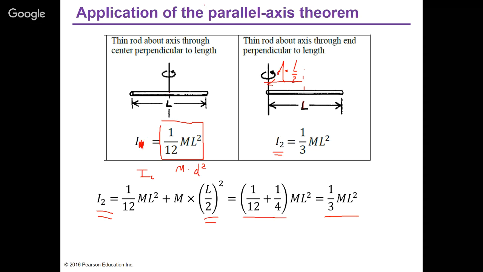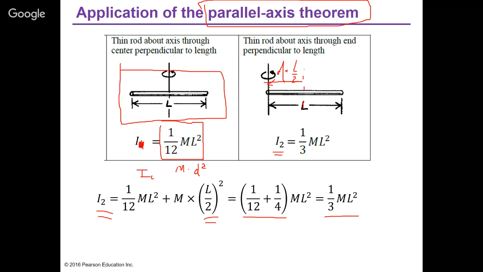This is where you can use the parallel axis theorem to derive the moment of inertia when you are moving the rotating axis away from its center of mass. For any of these objects, it's always very useful to calculate the moment of inertia when the axis passes through the center of mass.